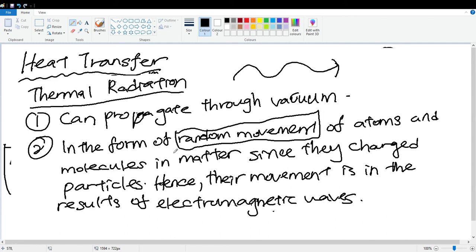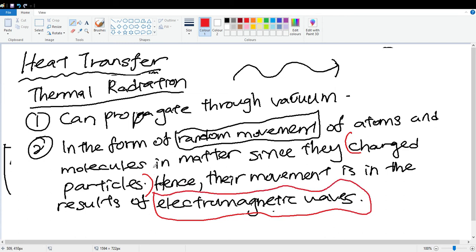That is why we can say that the electromagnetic wave can propagate through vacuums. Since they are charged particles and their movement is random, the result of their movement is electromagnetic wave. So these are the main properties of thermal radiation.